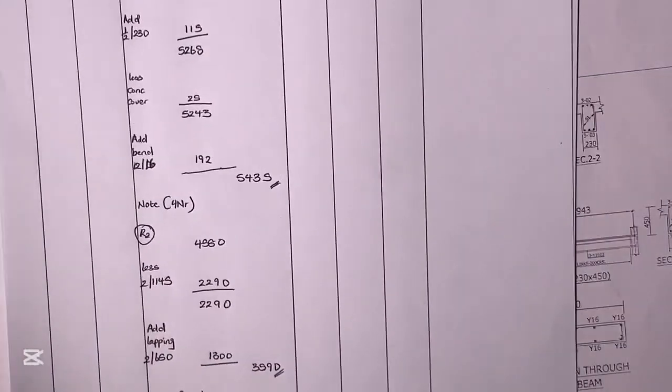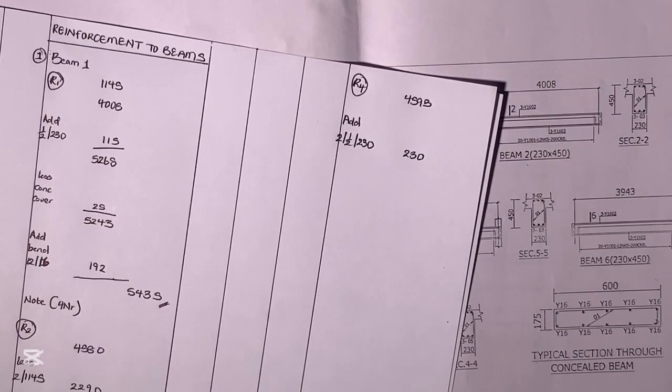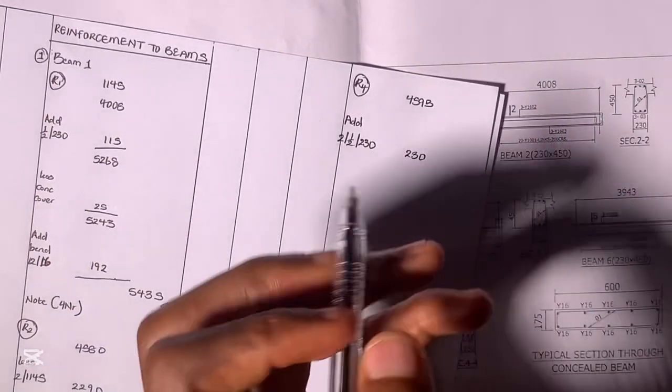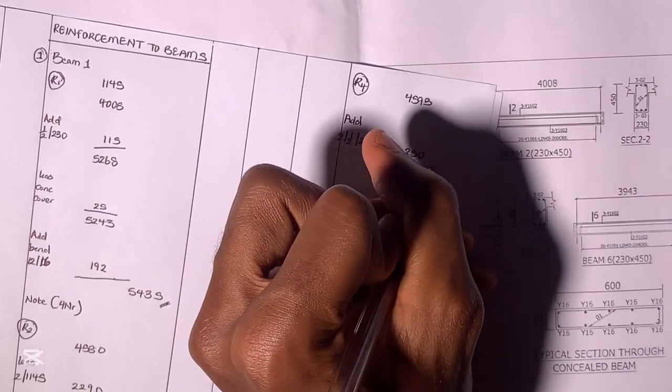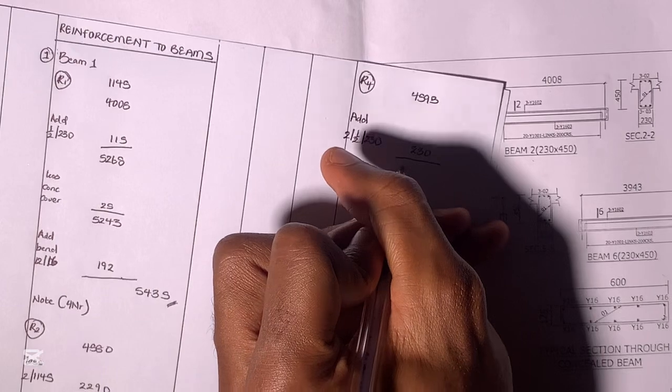So half of the thickness of the column is what? 115. So times 2 sides, that's what? 230. So when you do the maths, you're going to be having 4,823.